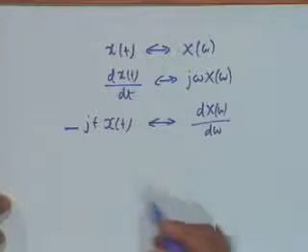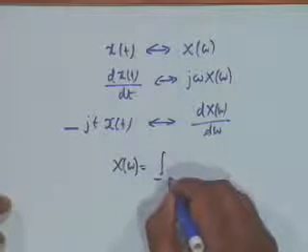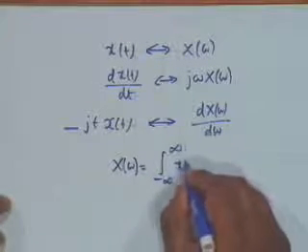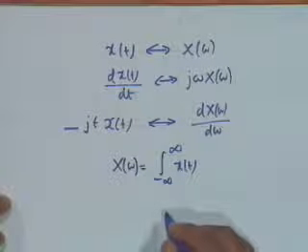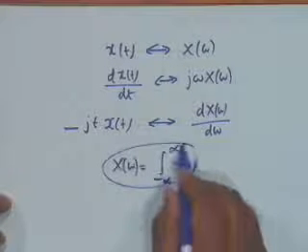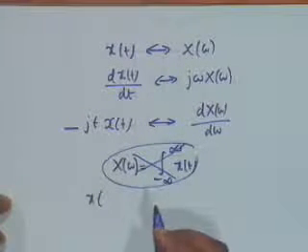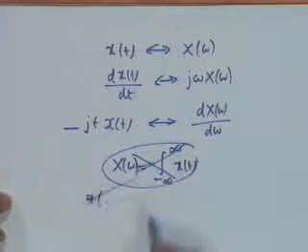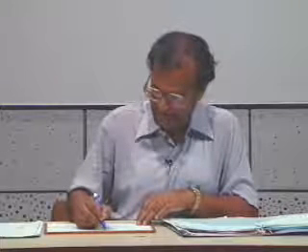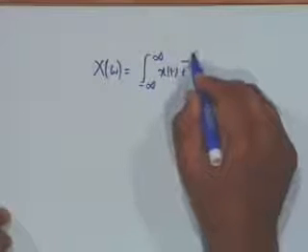It can also be shown very simply from the definition. Capital X of omega is the integral from minus infinity to infinity of x of t e to the minus j omega t dt.